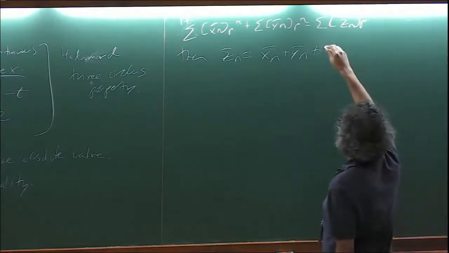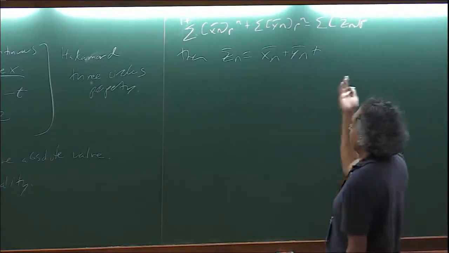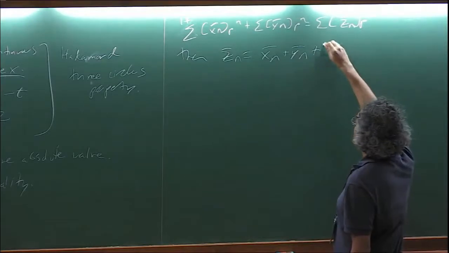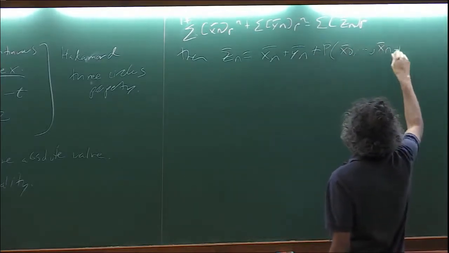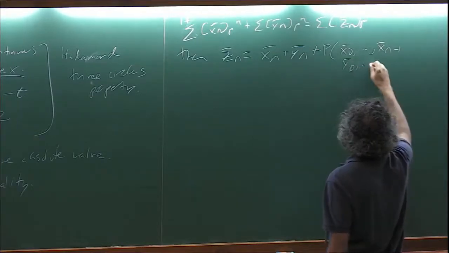What is this? The point is that I don't need to know too much about this correction term. I just need to know the following. First of all, it involves things of index less than n.